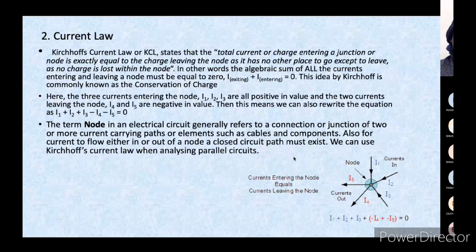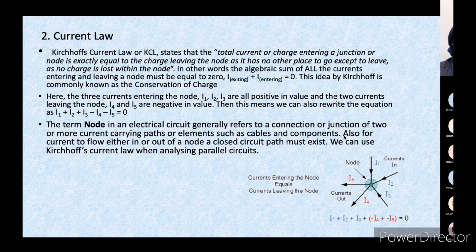Again, you know Kirchhoff's current law. At some particular node, all the currents... The example I had given was that of the voltage law, where in a loop the voltage dropped across each component is considered.